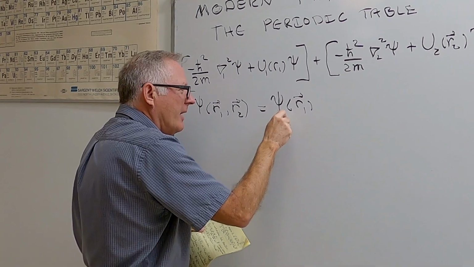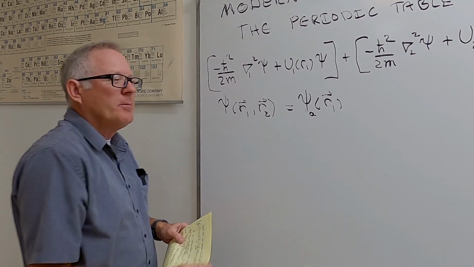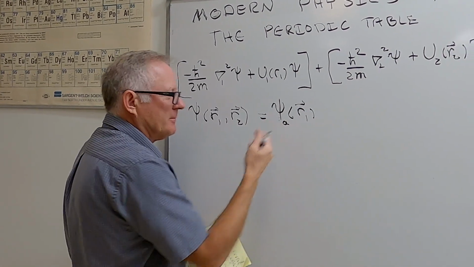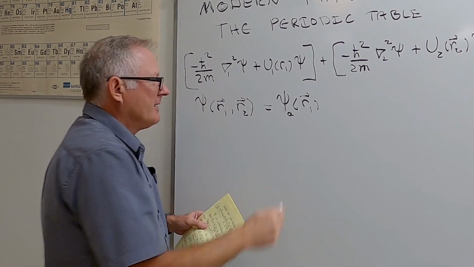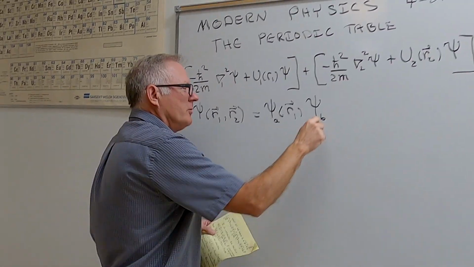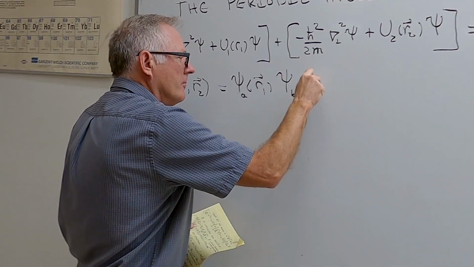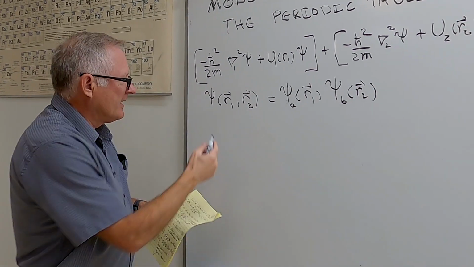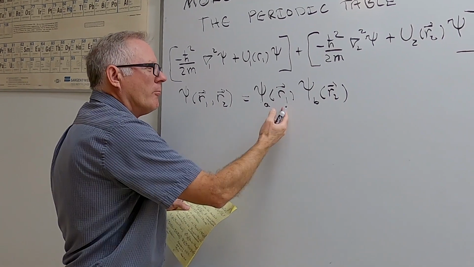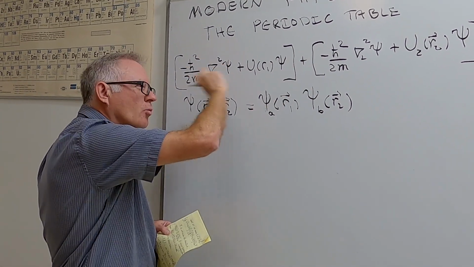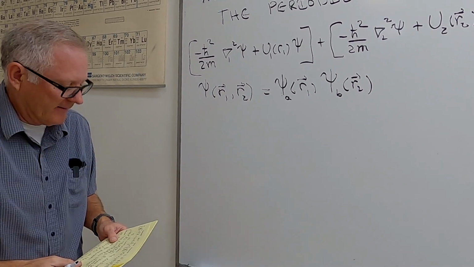Maybe I'll put A right there, where A would be the four quantum numbers, the N, the L, the M sub L, and the M sub S, times the other one, which would be at location R2. So these are the single particle wave functions, but really when you work out Schrodinger's, it's one big psi right here.